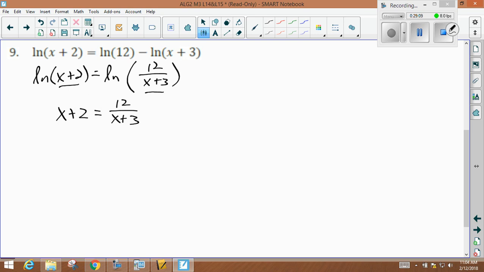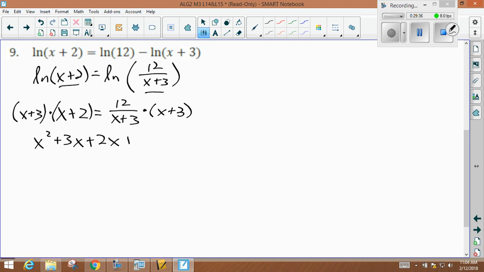So now I don't want that x plus 3 in there anymore. How do I get rid of it? I multiply both sides by x plus 3. That means I got to do some foiling over here, and I'm not talking about the foil you use when you get your color done.